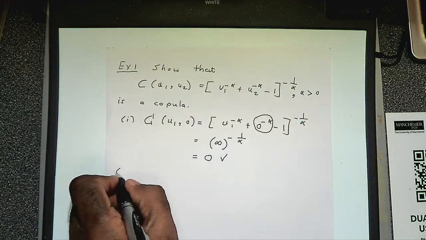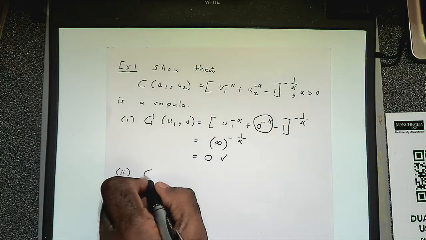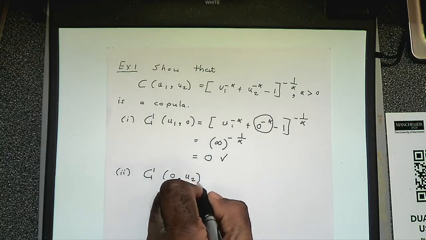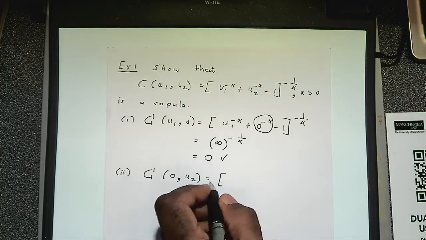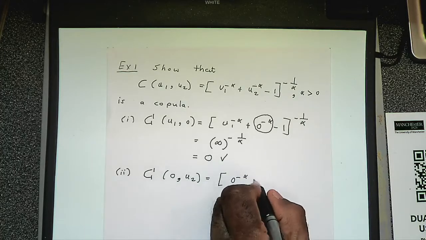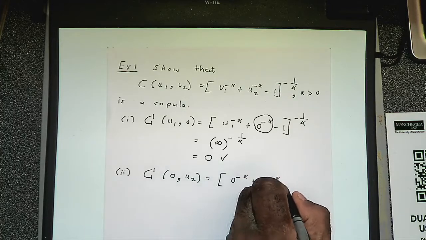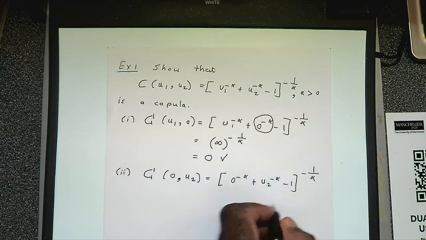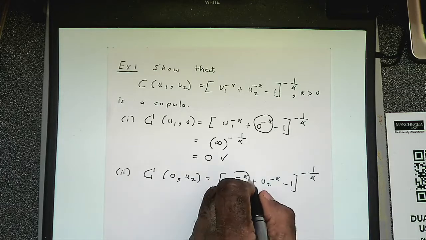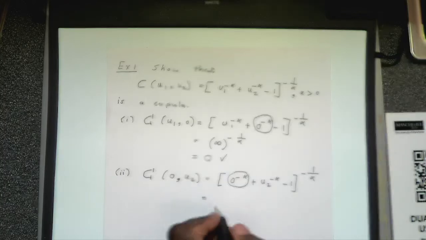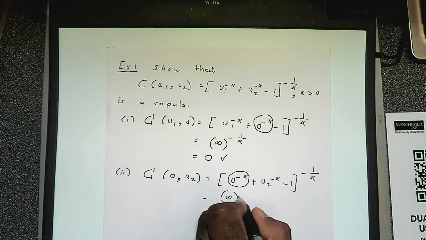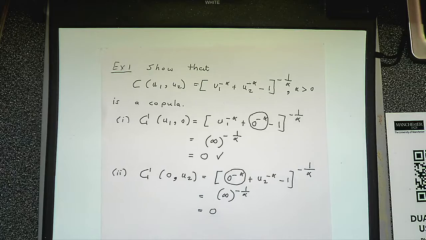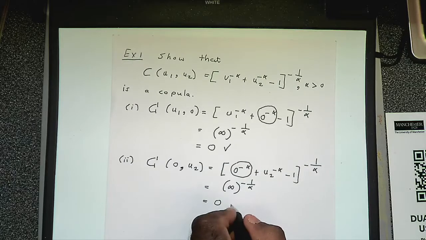The second property, again, this guy here is infinity, so it's infinity to the negative power, which is 0. So property 2 is satisfied too.